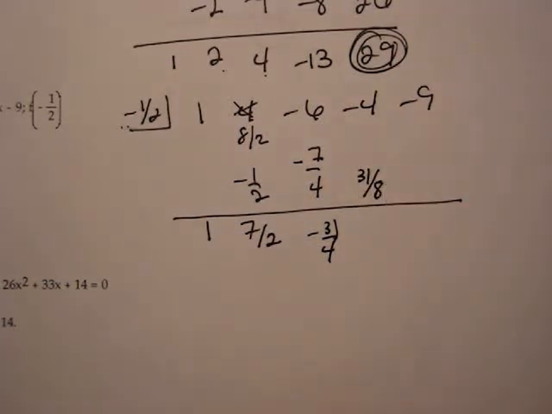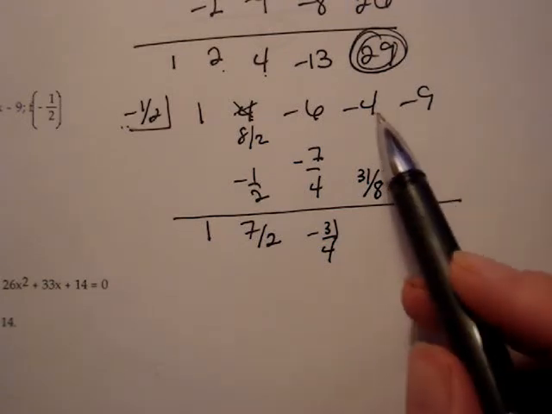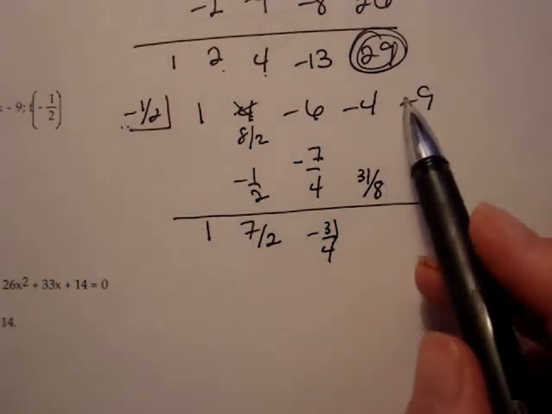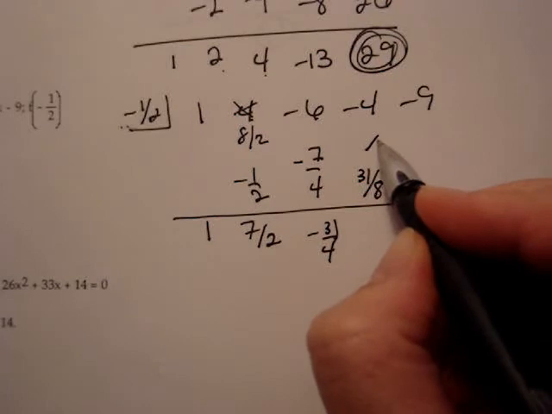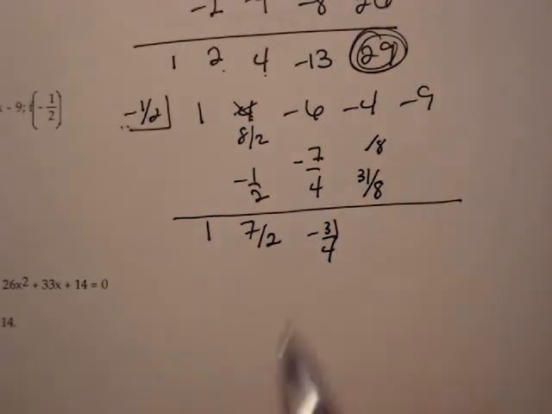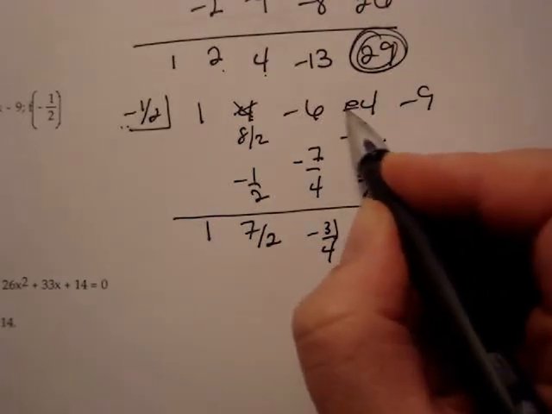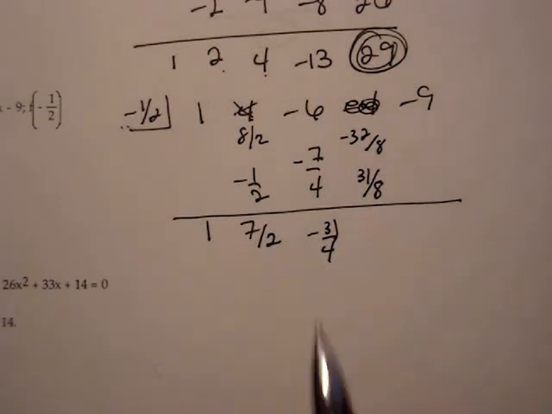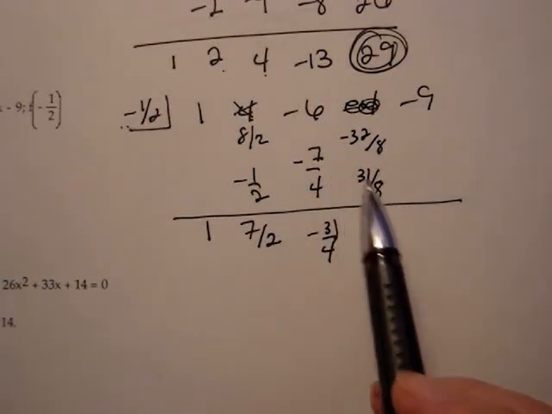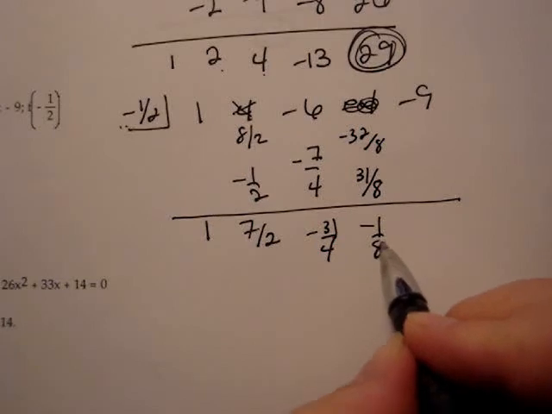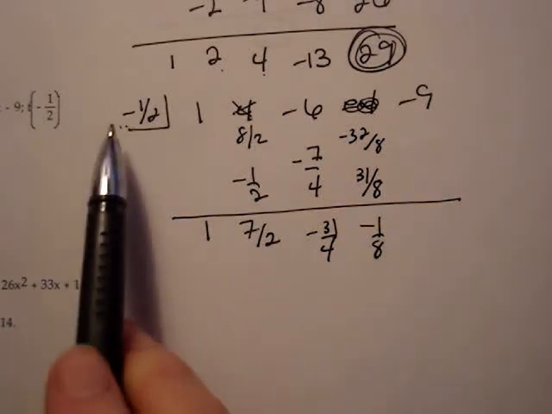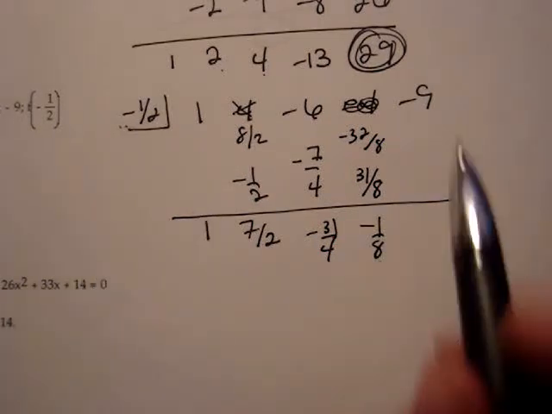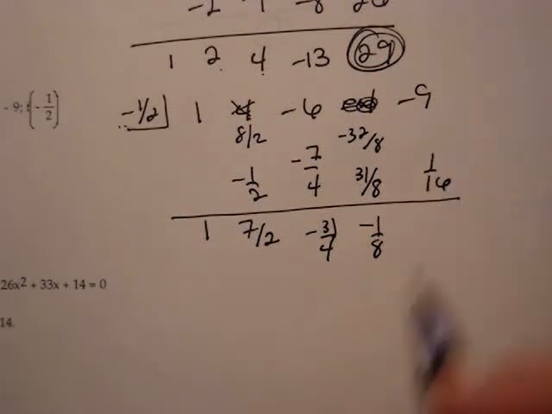And now, instead of thinking of negative 4 as negative 4, I'm going to think about it as a denominator with 8. So that would be negative 32, right? Okay. So negative 32 eighths plus 31 eighths is negative 1/8. Now I multiply. Negative 1/2 times negative 1/8 is positive 1/16.